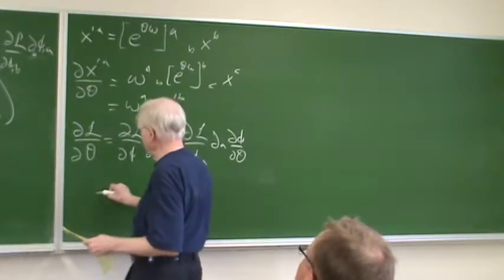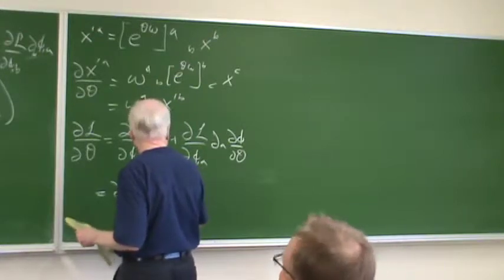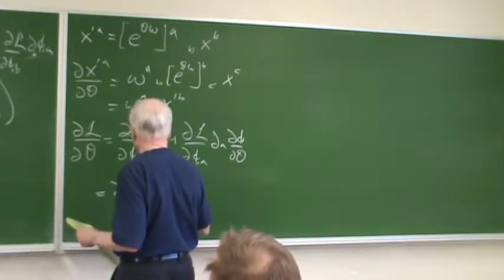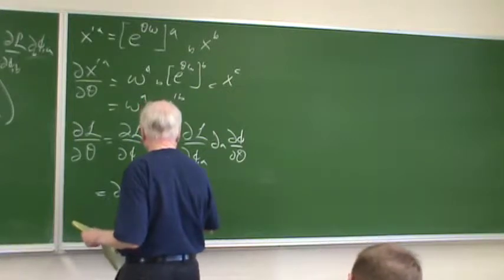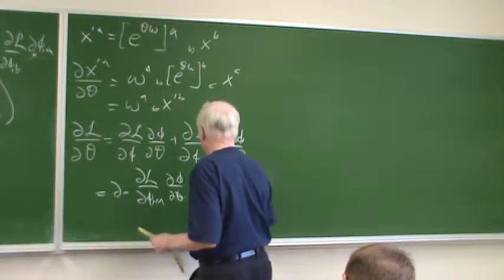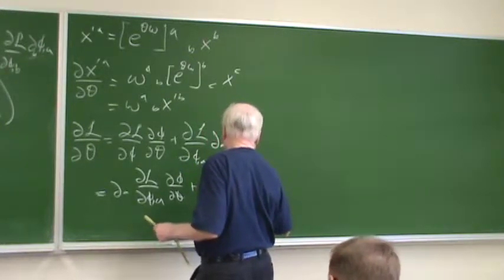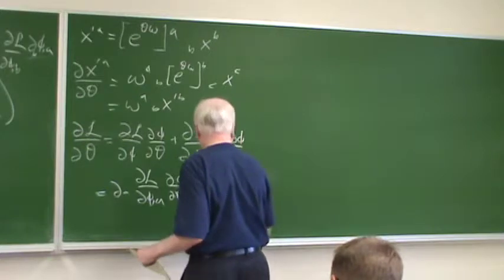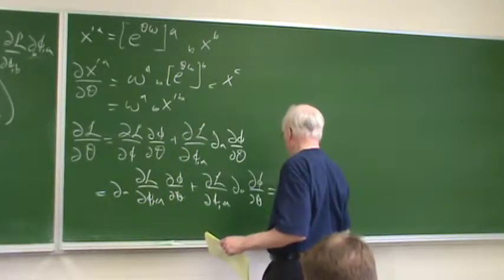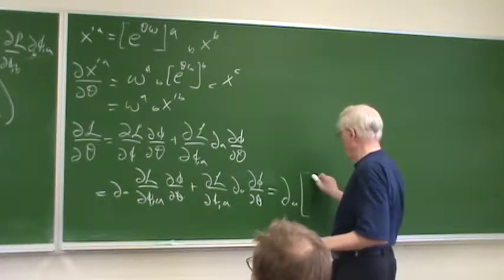Once again, we're going to invoke a field equation. So this is dA, partial A, partial phi comma A, partial phi, partial theta, plus partial L, partial phi comma A, dA, partial phi, partial theta. And now we see this thing is a total derivative. It's dA. So this is very much like what we had before.